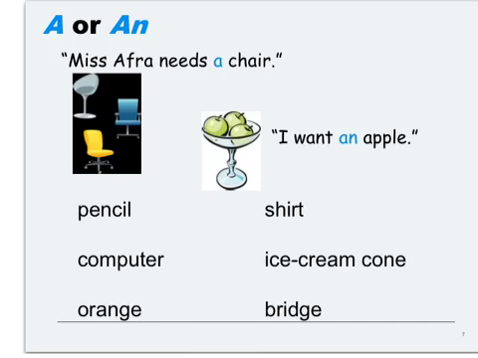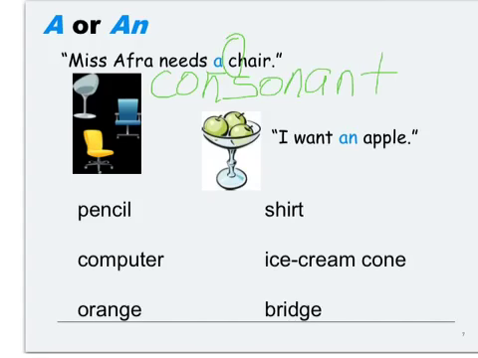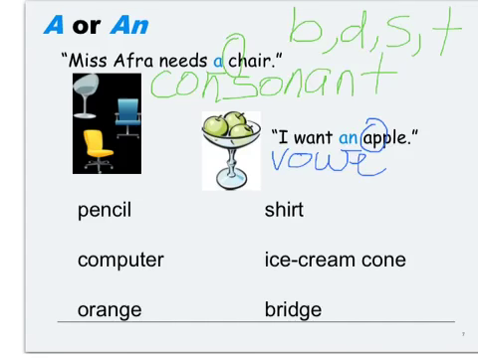In our first example, we said a chair because C is a consonant. Can you remember which letters are consonants? Some examples are B, D, S, and T. In our next example, we said an apple because apple starts with the letter A, which is a vowel.